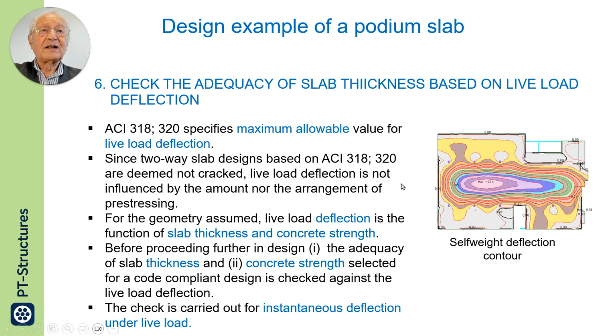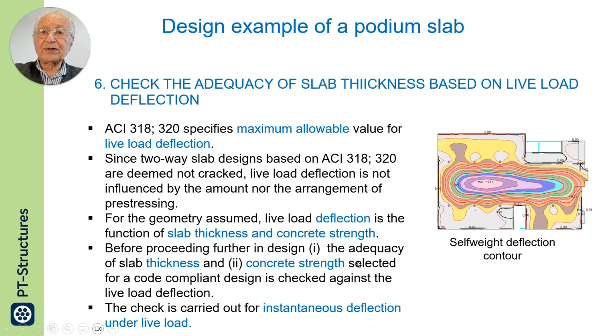Post-tensioning, regardless of its magnitude and arrangement, does not impact live load the way ACI views the structure. Live load deflection is based only on slab thickness and concrete strength.